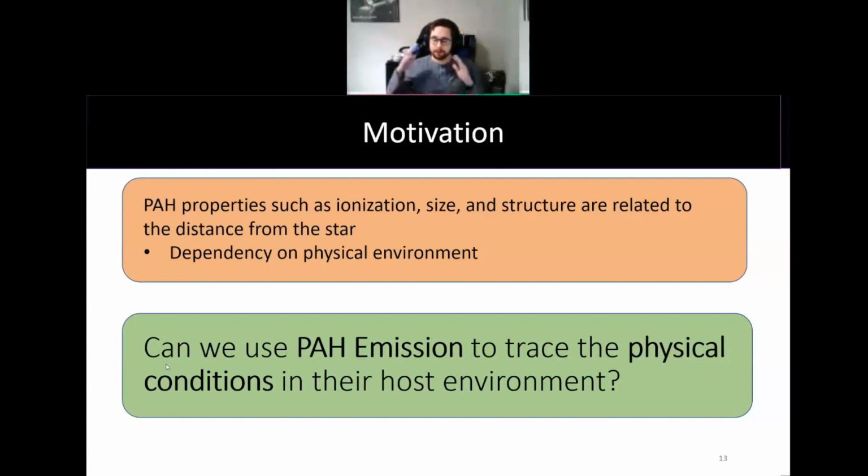When I talk about physical conditions, I'm talking about the radiation field, the gas density, the gas temperature, etc. If we can characterize the relationship between PAH emission and these physical conditions, this will be extremely useful to the astronomical community moving forwards, with the upcoming influx of mid-infrared data expected from the James Webb Space Telescope.